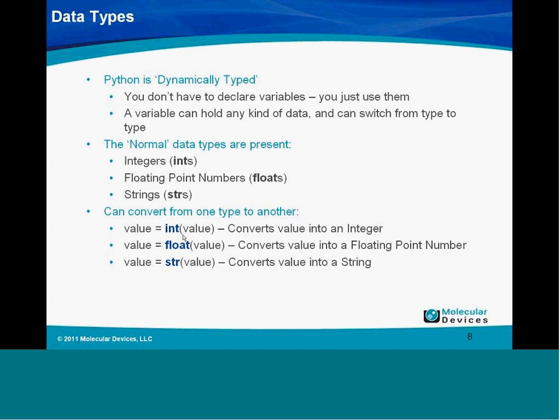For instance, int with parentheses, that would be a method, and the value inside that parentheses would be the value that you want to convert to an int. And it doesn't matter what value is already stored or what type is already stored in the value. It would be converted from whatever it is into an integer.